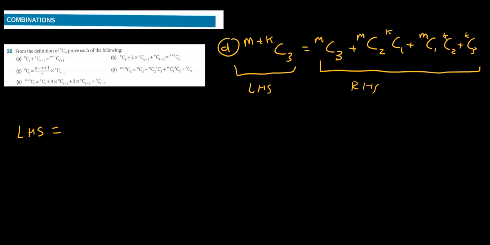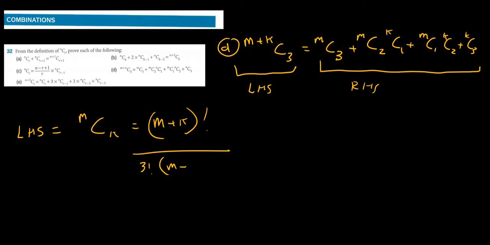By definition, if we have M choose K, that is just the definition of combinations. So we have M plus K factorial all over 3 factorial times M plus K subtract 3 factorial.